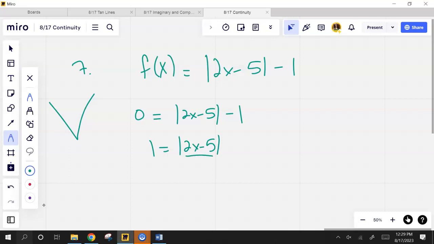So if this equals 1, or if this equals -1, right? If I put a -1 inside here, it's going to flip it back to +1 anyway, right? So this is how I set up my two solutions here.